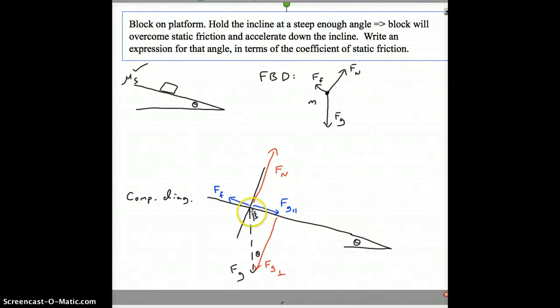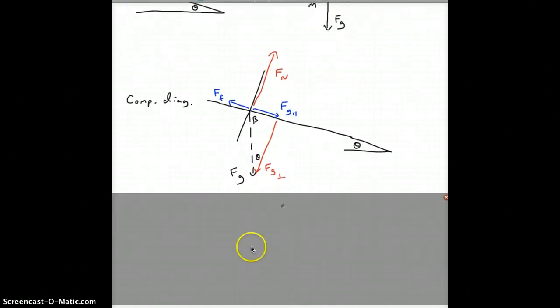Now I will look at this other right triangle. Because this is a right angle here, I know that the complement of beta, which is theta, is down in this corner. So I've chased theta down to here. That's where theta lives on the component diagram.